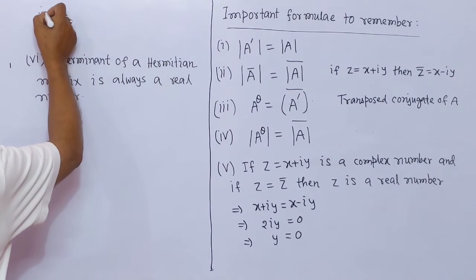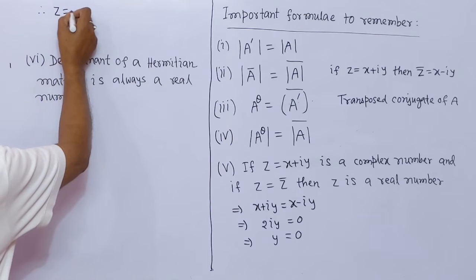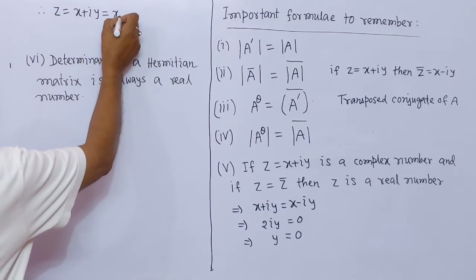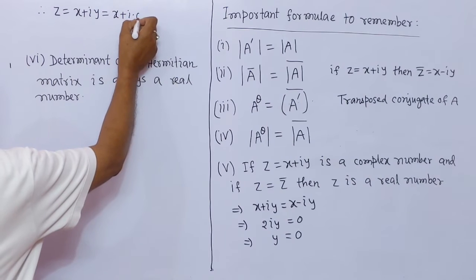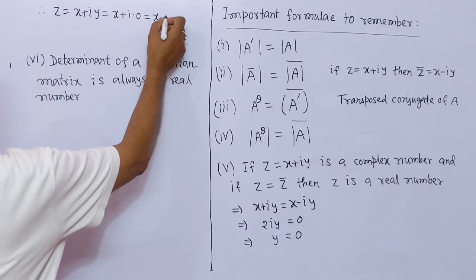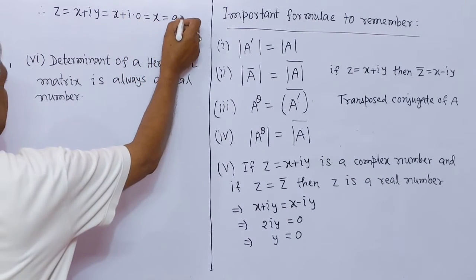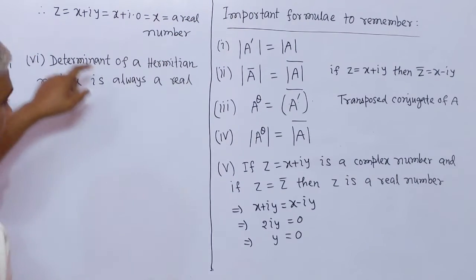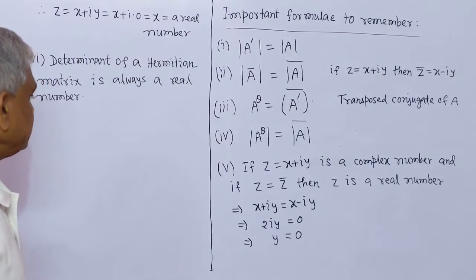Therefore, Z equals X plus i into 0, equal to X. This is a real number.